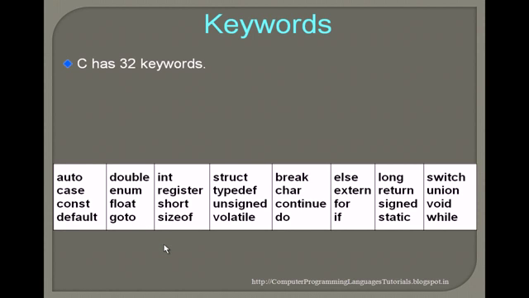Then, you already saw the rules for variable declaration, but some other rules are here. In C you have keywords. Keywords mean what? They have their own predefined meaning. Therefore, these keywords cannot be used for a variable name.